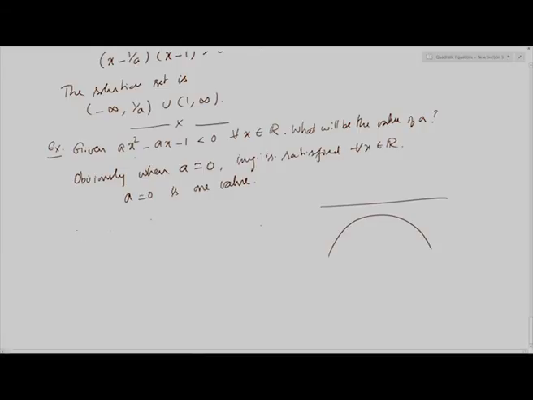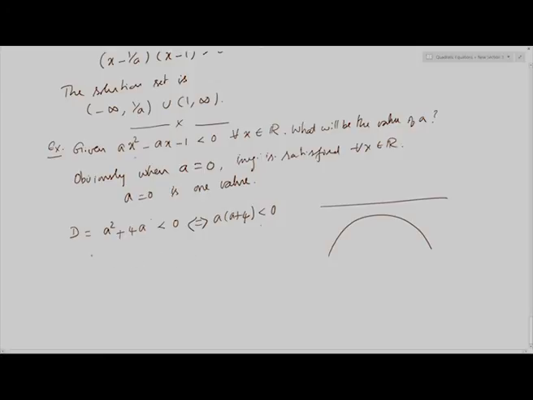So, in that case our discriminant d, which is equal to a square plus 4a, should be negative, which holds if and only if a into (a plus 4) is negative. Obviously a cannot be positive here, because if a is positive, a plus 4 is positive, which cannot happen.